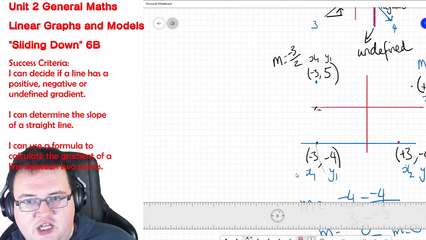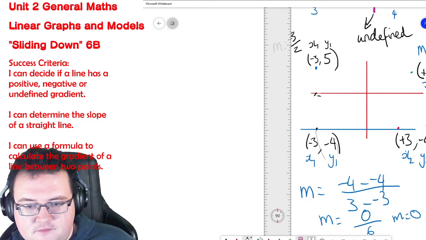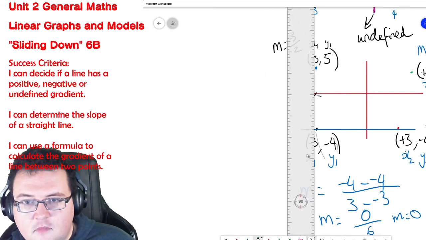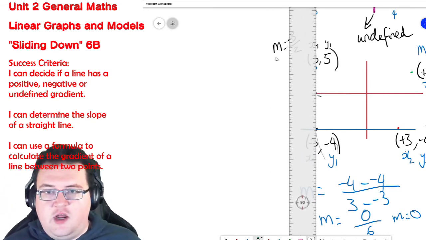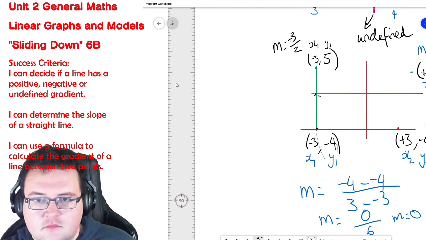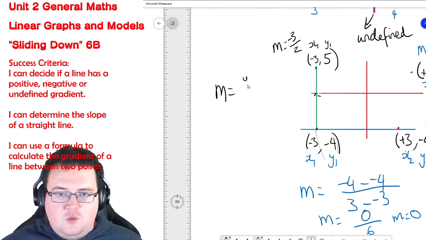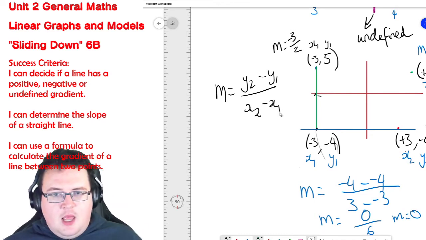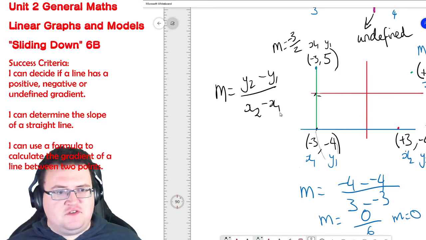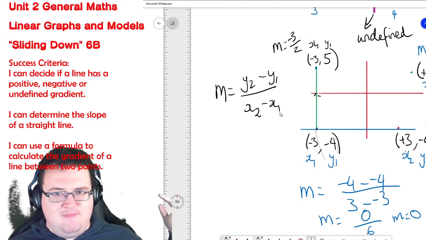Now, if we go over to here and we do our straight line for this one, we'll do it in green. M equals y2 minus y1 over x2 minus x1. How do I know which one's on the left? Again, doesn't matter.